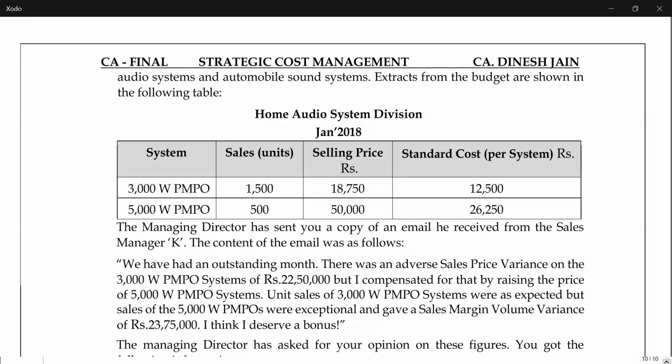But I compensated that by raising the price of 5,000 WPMPO systems. Unit sales of 3,000 were as expected, but sales of 5,000 were exceptional, and we gave a sales margin volume variance of 23,75,000. I think I deserve a bonus. This is the mail which has come. He has done some analysis and he said that I deserve a bonus.